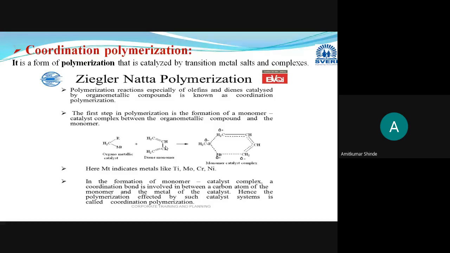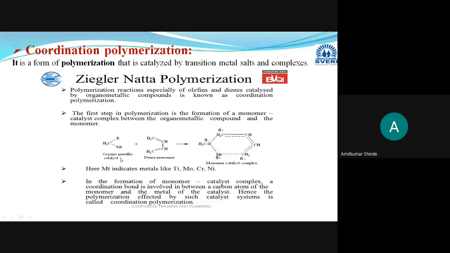Due to the coordination of that added metal salt, the polymerization process starts. That's why it is termed coordination between that accelerator, or you can say the catalyst, and that particular monomer. That's why it is termed coordination polymerization.